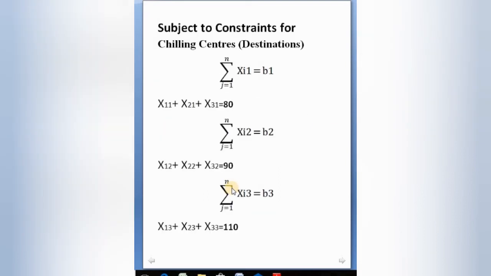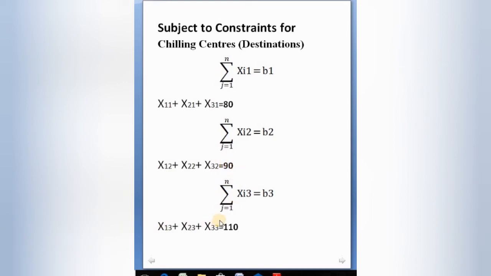Let us look into that. x12 means from source A to chilling center E, x22 from source B to chilling center E, x32 from source C to chilling center E, and the total requirement of chilling center E is 90.